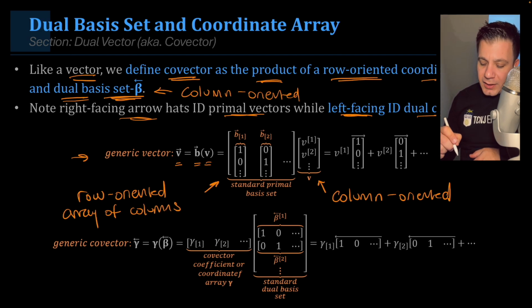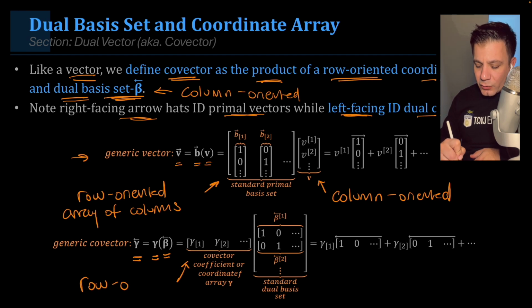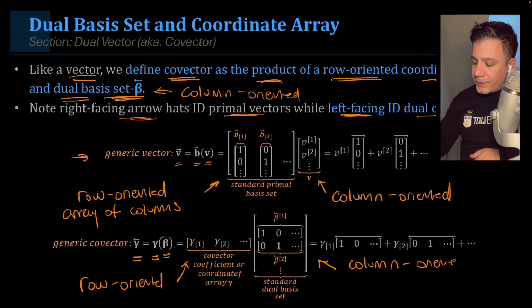Now, the covector has a similar format, and I'm sorry if there's too much repetition here. The covector is equal to its coordinate array times its basis set. For the covector, the coordinate array is row-oriented, it's horizontal, and the basis set is a column-oriented array of rows.